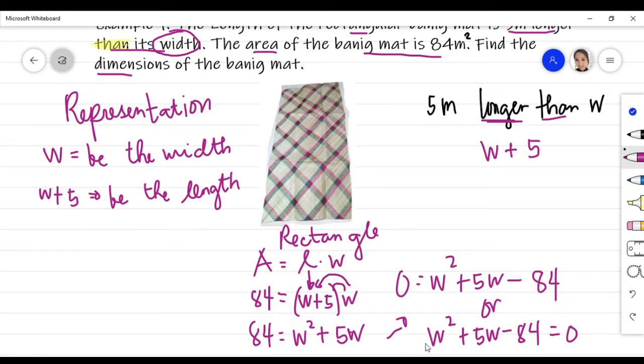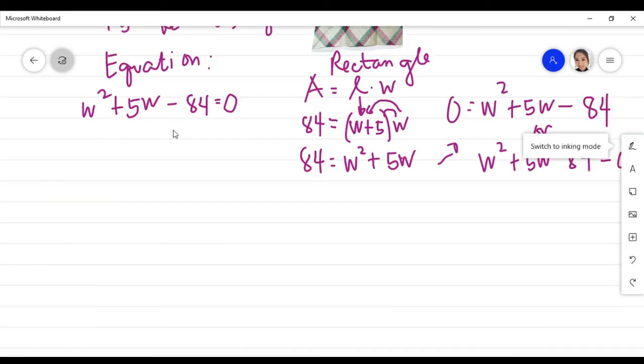So our equation is W squared plus 5W minus 84 equals 0. We are done with our equation.